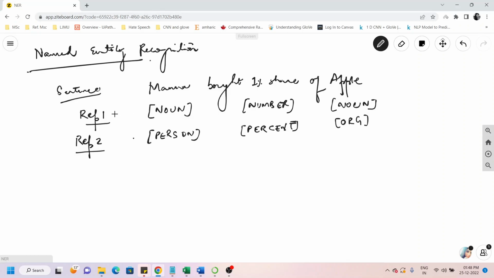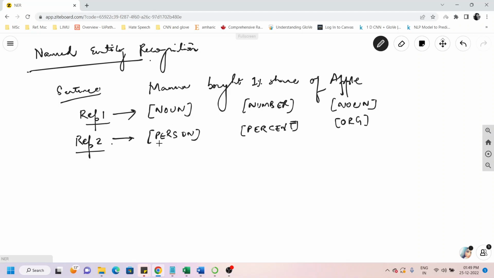In representation 1, we are not getting much information about the individual input text, but in representation 2, we are getting much more information about the particular input text. Manna is a person as well as a noun, but person is much more detailed information.